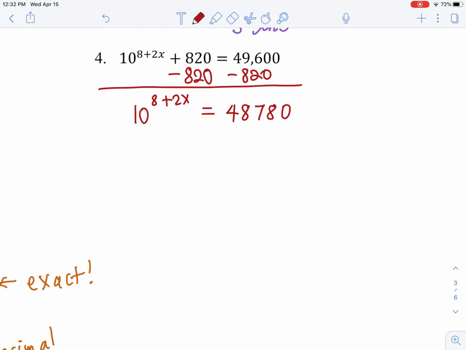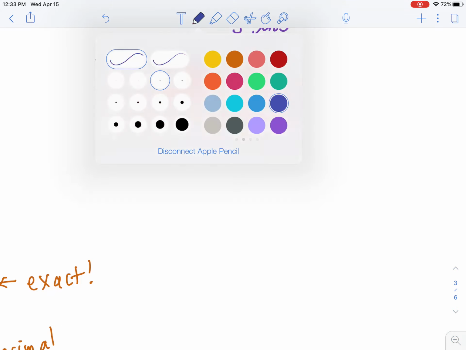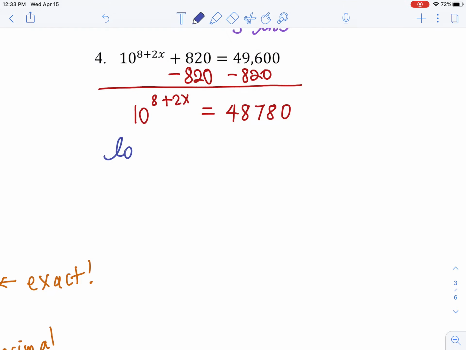I love taking natural log of both sides, but this time I don't think I will. What's the base here? The base is 10. So instead, I'm going to take common log of both sides.